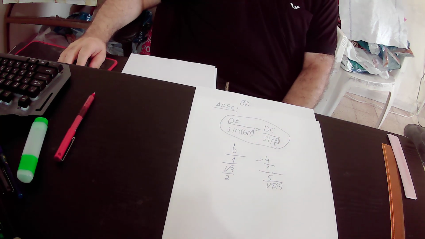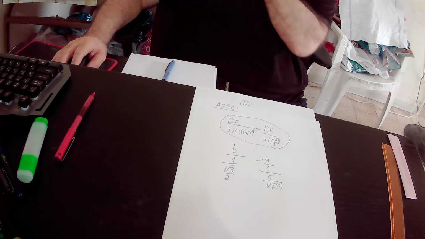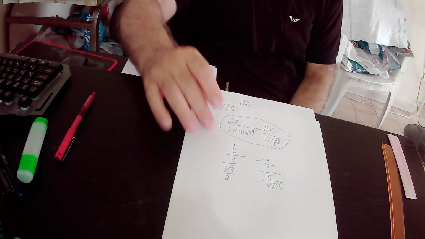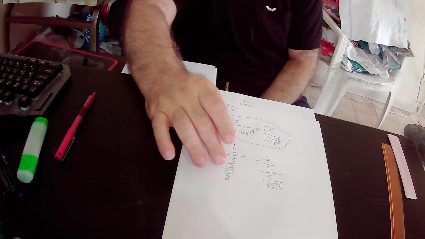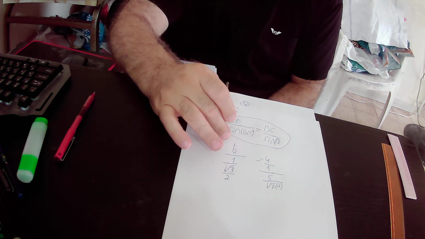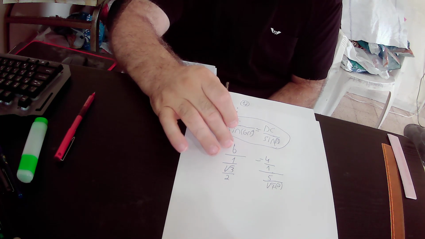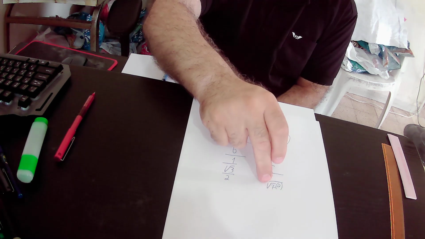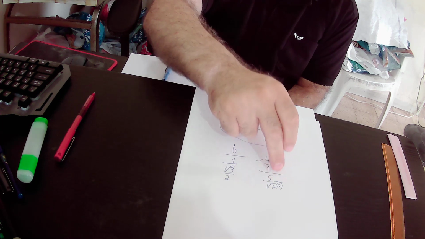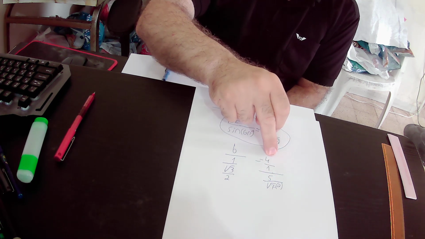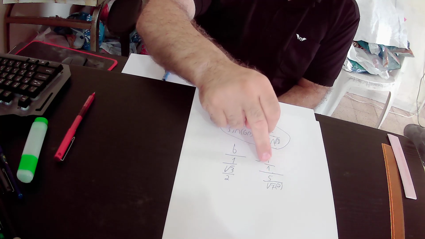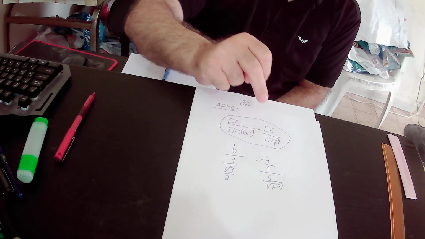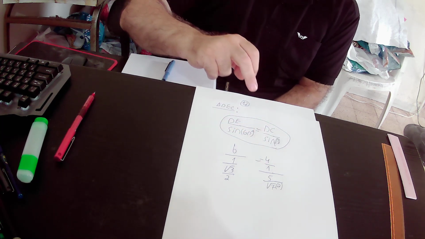Okay, so here we will put 2 in the numerator and root of 3 in the denominator, and we will also put root of 7 times 2 in the denominator, and we will put 5 here in the denominator. Okay, it is very simple arithmetic.